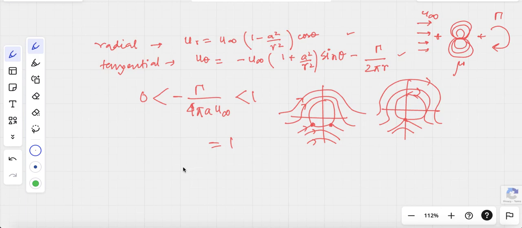The third value, when this gamma by 4 pi a mu infinity is greater than 1. Here we will see that the streamlines will be like this, and this will be the stagnation point.